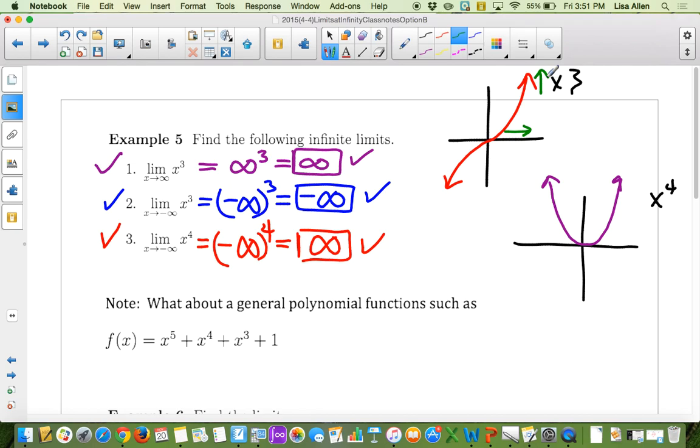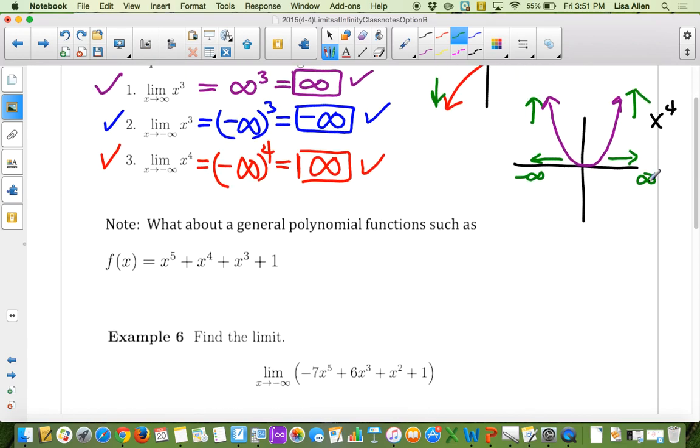As for number 2, as x goes to negative infinity, the function goes to negative infinity. And for x to the 4th, as x goes to negative infinity, you can see that the function x to the 4th approaches positive infinity. And the same is said if x goes to positive infinity, then the function also goes up. Okay, so now what about a general polynomial?